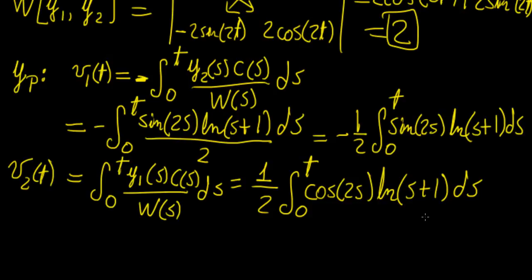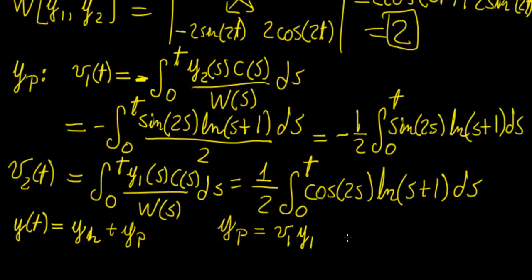Okay, so we know that the general solution to this problem is just going to be a combination of the homogeneous solution, y_h, plus y_p, which is the non-homogeneous solution. And we know that the non-homogeneous solution is v1 times y1 plus v2 times y2.